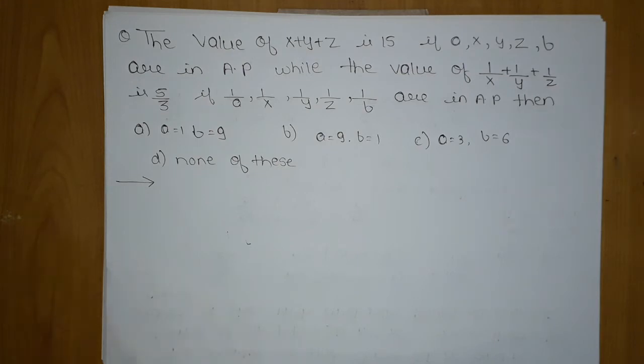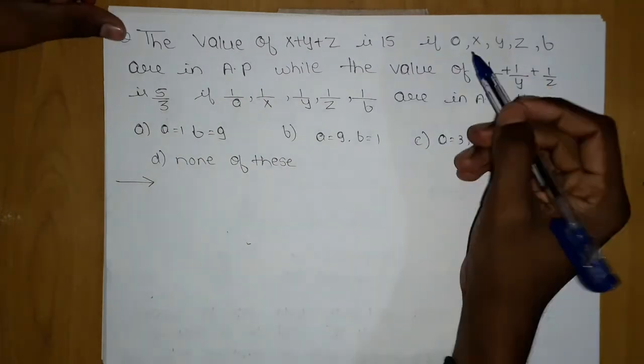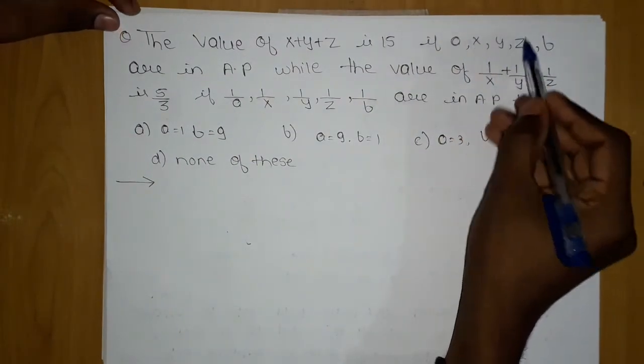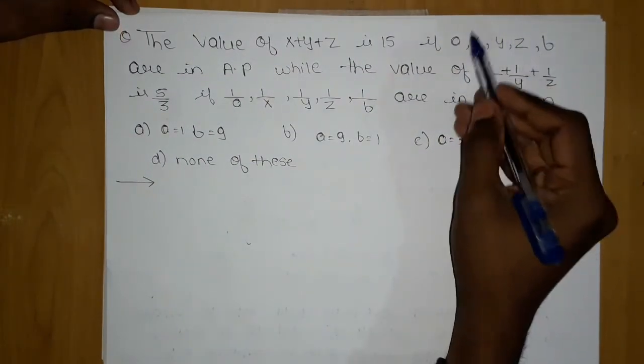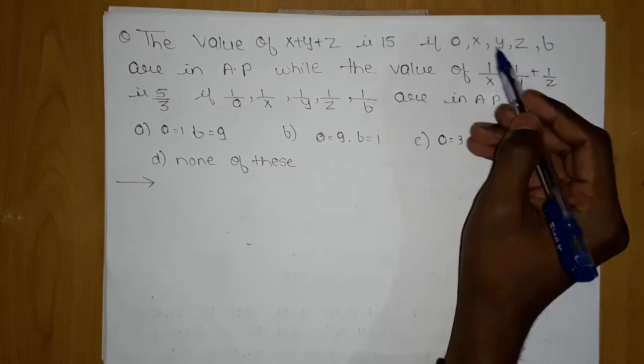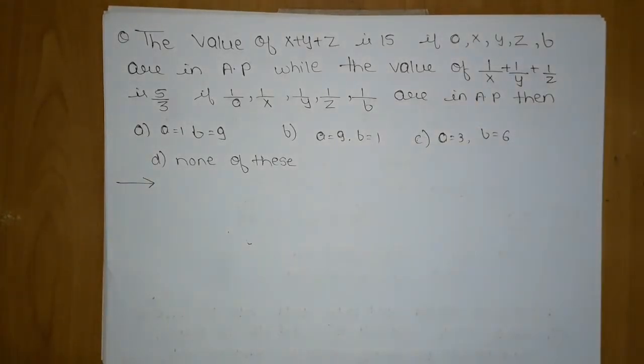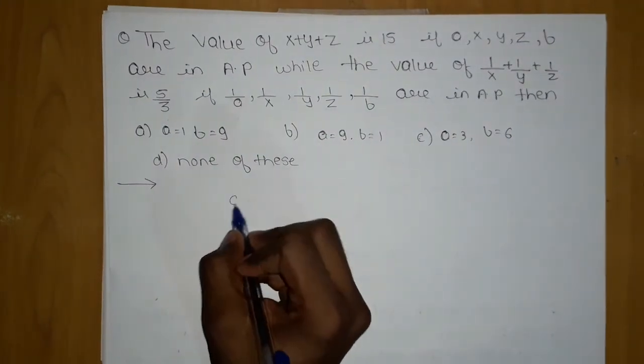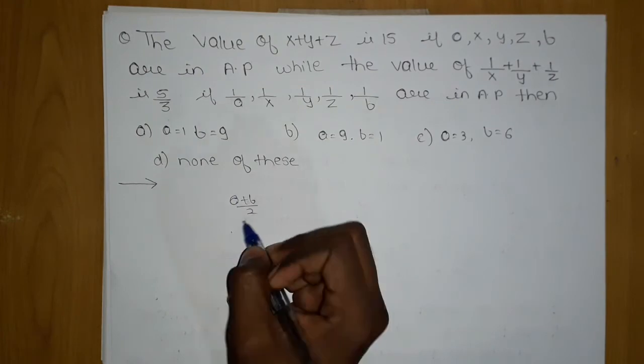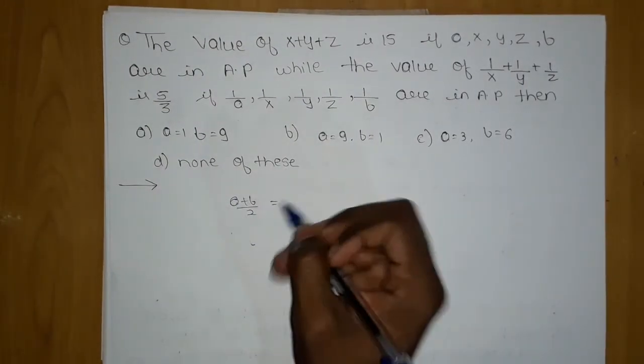Okay, so if I take the AM between these three terms, as the arithmetic mean is inserted, they are in AP also. So a plus b by 2 should be equal to what?